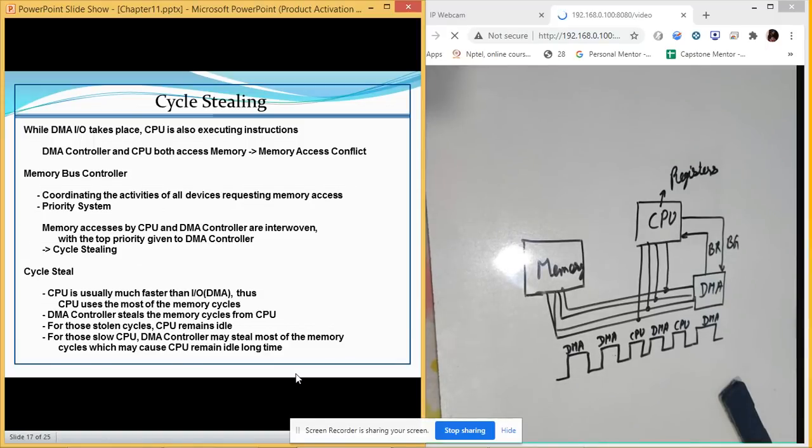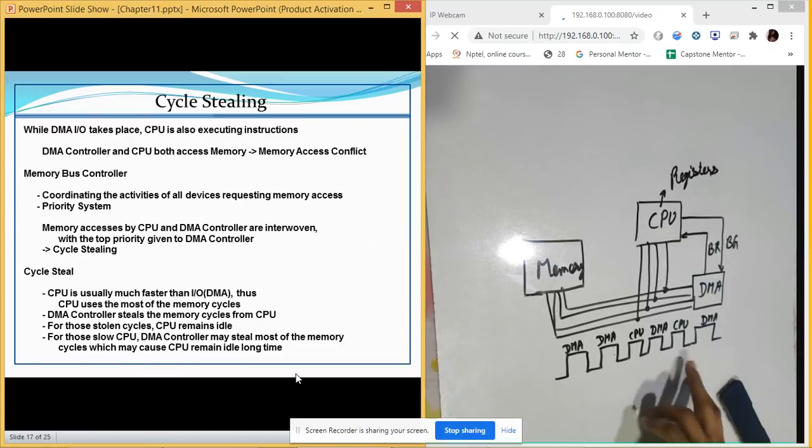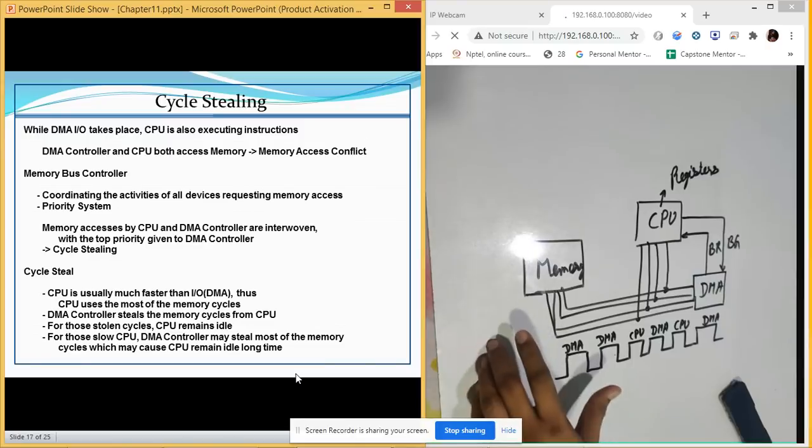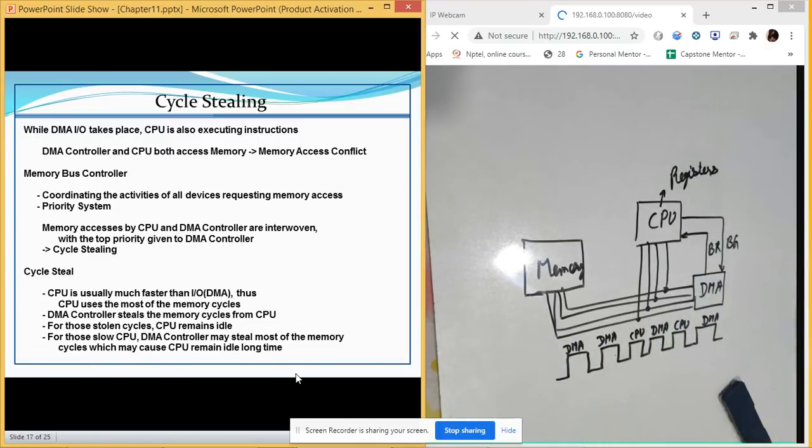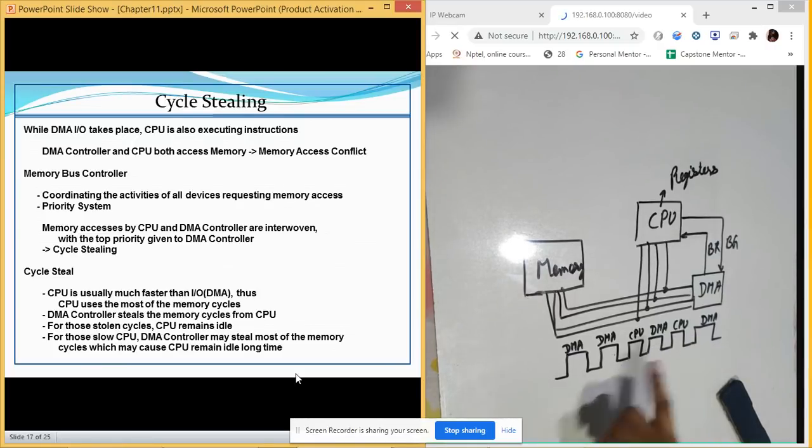The CPU is generally a very fast device as compared to DMA. So the CPU uses most of the memory cycles, because if the CPU is going to access data from memory, it will be using most of the memory cycles. So DMA steals some of the memory cycles from the CPU. For those stolen cycles, the CPU remains idle.